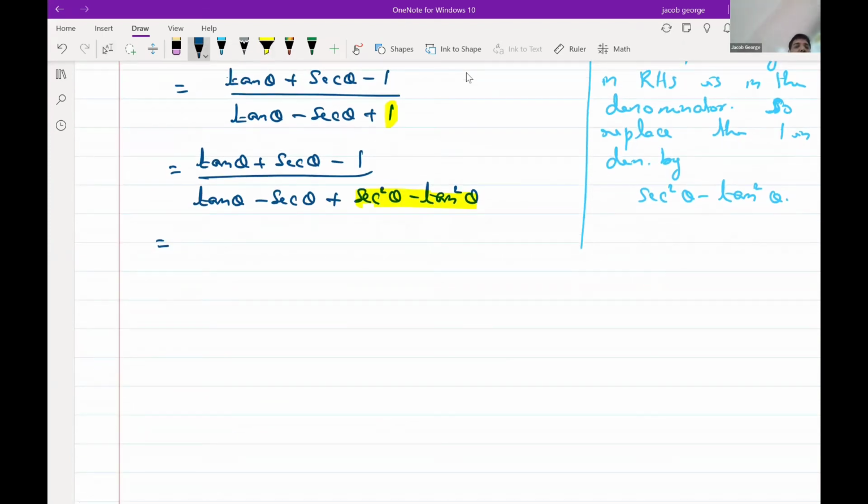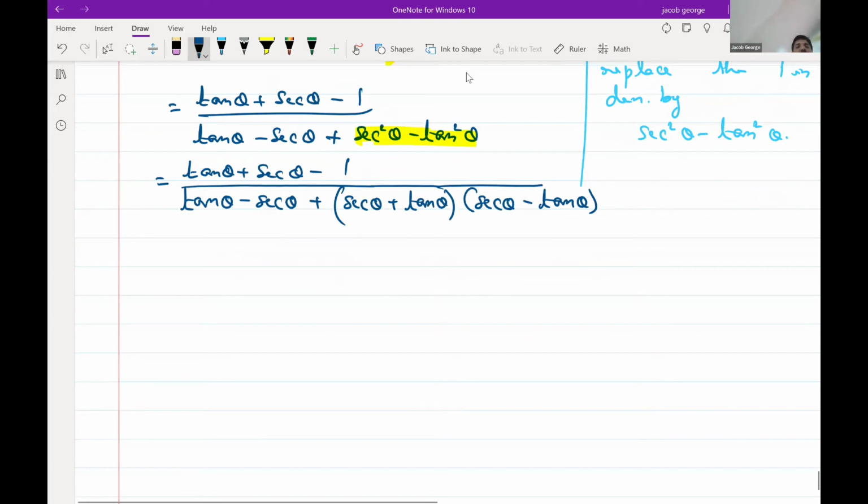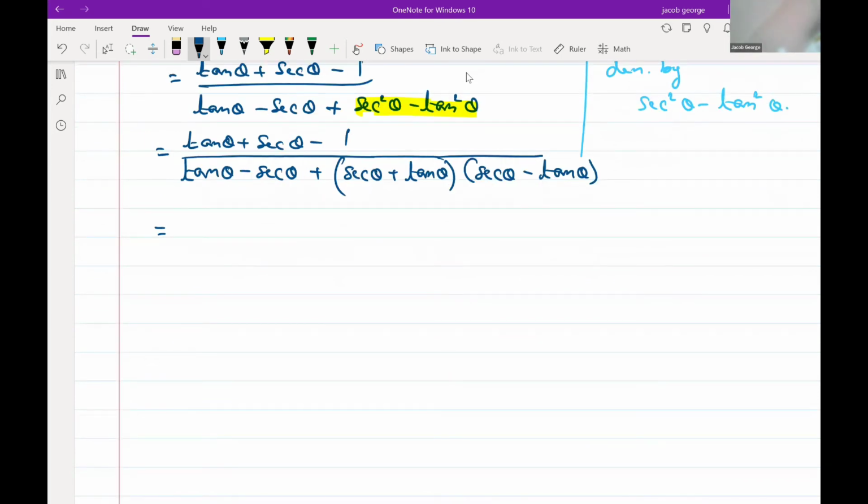That is tan theta plus sec theta minus 1 upon tan theta minus sec theta plus sec theta plus tan theta into sec theta minus tan theta.